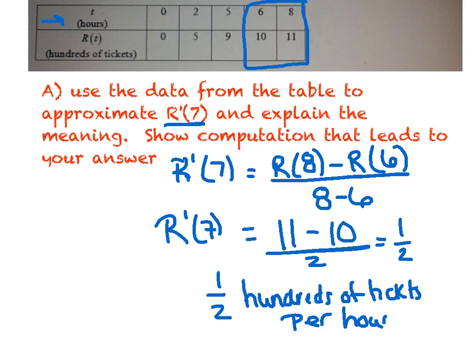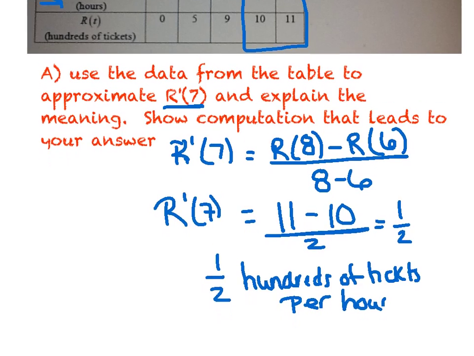Part 2 here says explain the meaning and show the computation that leads to your answers. So all I have is my units right now, so I need to explain just a little further.